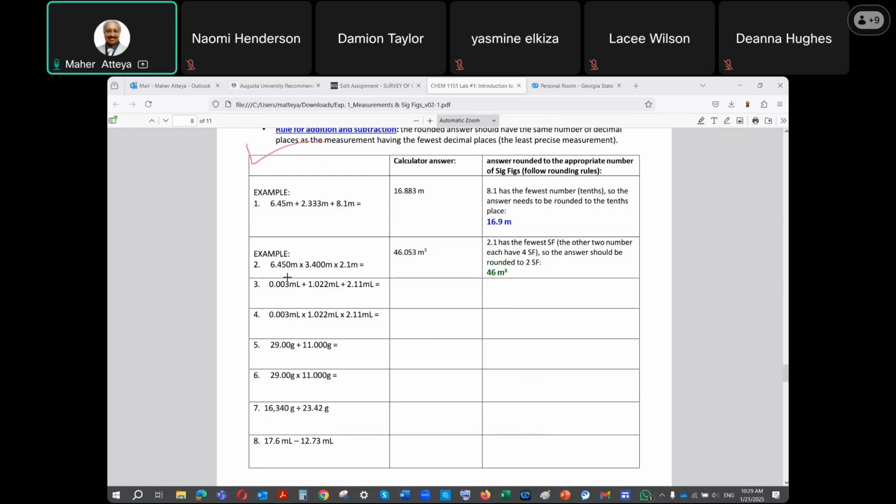So I have 6.45. That's 3 sigfigs, correct? That's 3 significant figures. No, that's 4. Sorry. Why is that 4? I have 6450, and the 0 is accounted for. When is a 0 accounted for?